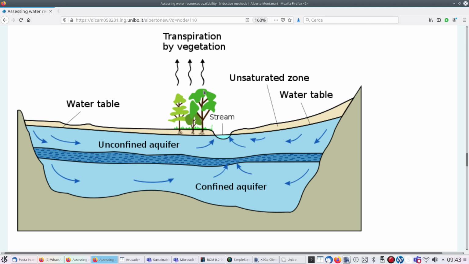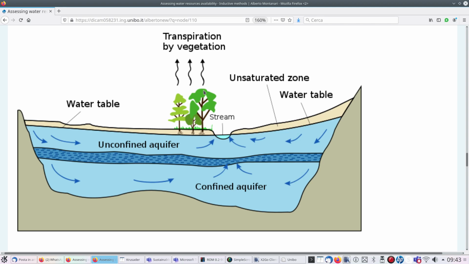So porosity by itself is not enough. We need porosity and permeability. On the other hand, a material may be permeable, but if it has low porosity, it cannot store much water. So it's the combination between porosity and permeability that makes the soil able to store water.